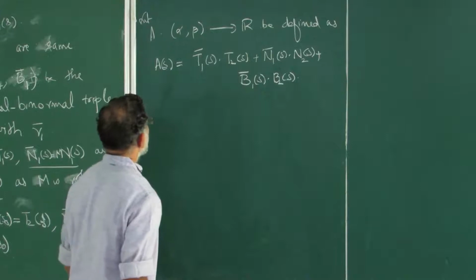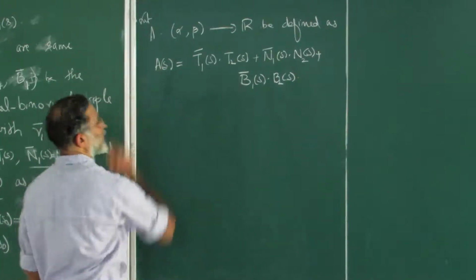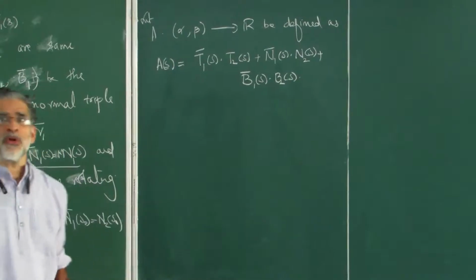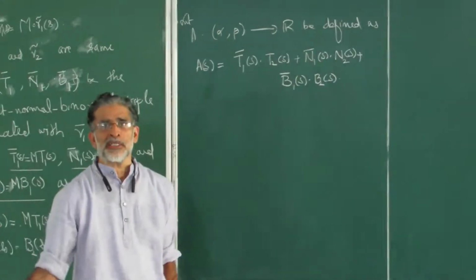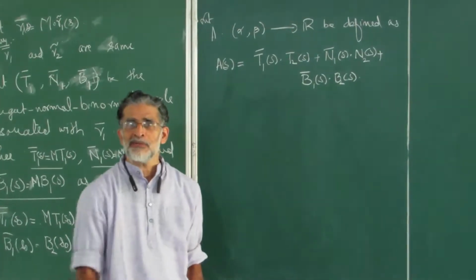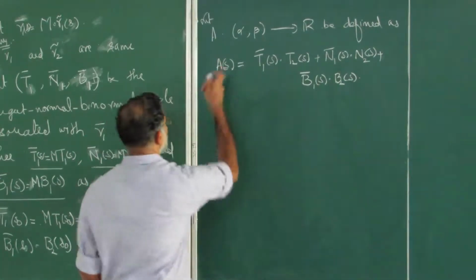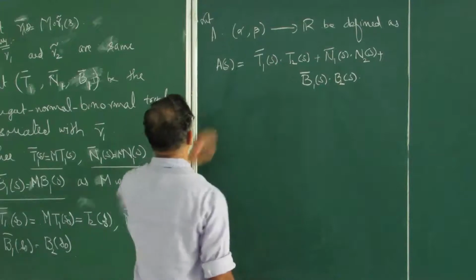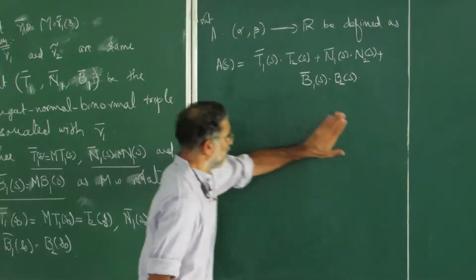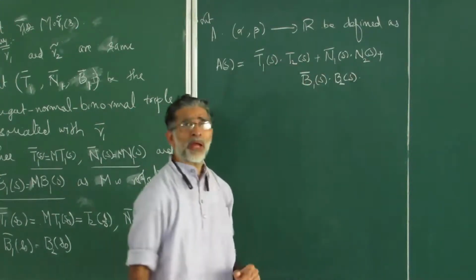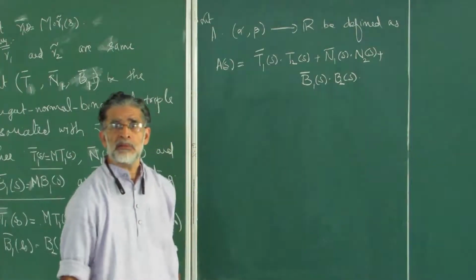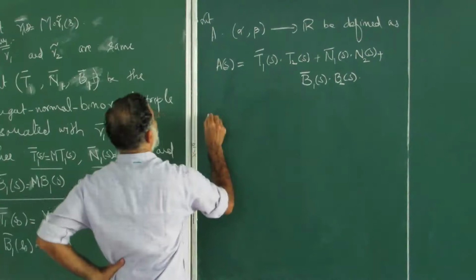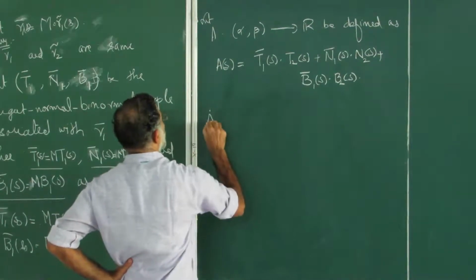And now we are going to show that this A is a constant. To show something is a constant, the standard trick is to look at the derivative. So let us take the derivative d by ds. I will not use d by ds too much, so I will use dot.